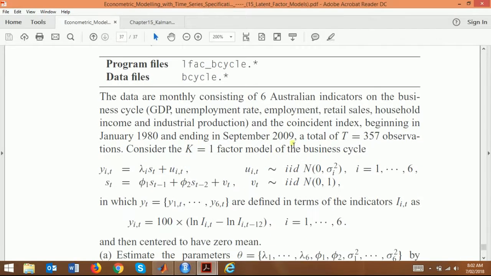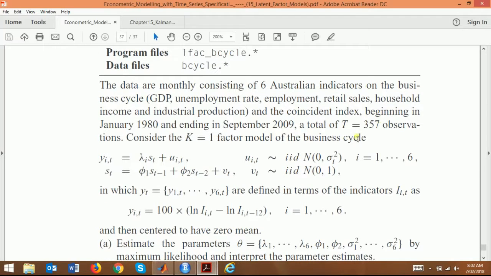LFAC business cycle. The data are monthly, consisting of 6 Australian indicators on the business cycle. 6 Australian indicators we have, and the coincident index beginning in January. So the number of observations is given. It's a one factor model. And the business cycle is quite important because it has something different compared to before.